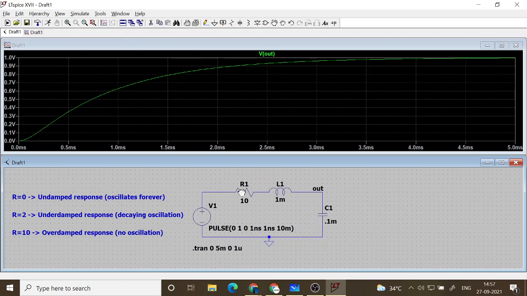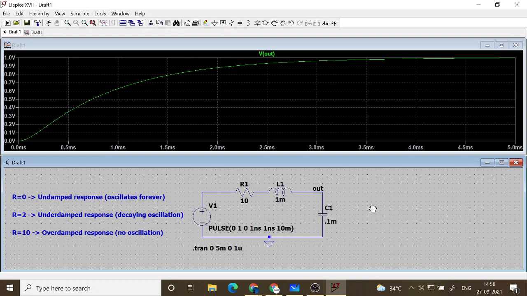So you put C here and R here, and then you have a different kind of response. And similarly you can interchange the capacitor and the inductor, and take the output across the inductor and see how the voltage across the inductor looks like. Okay? But what I have shown is with respect to the capacitor.